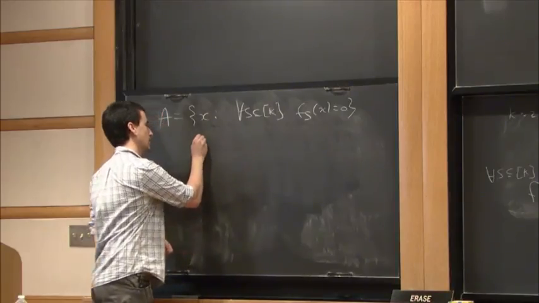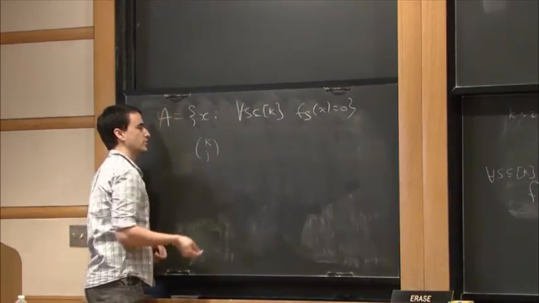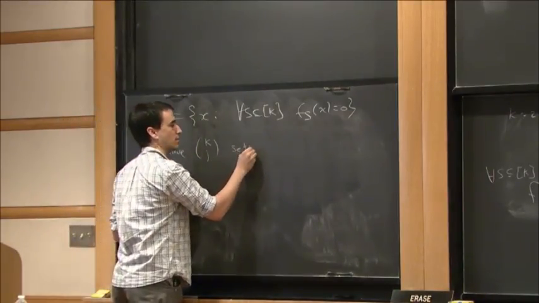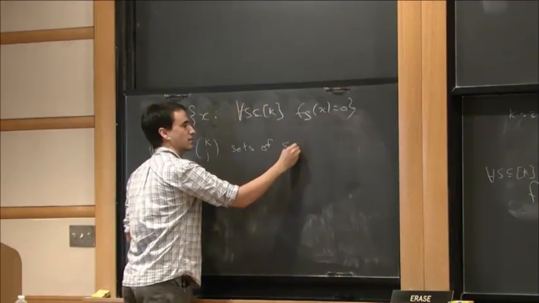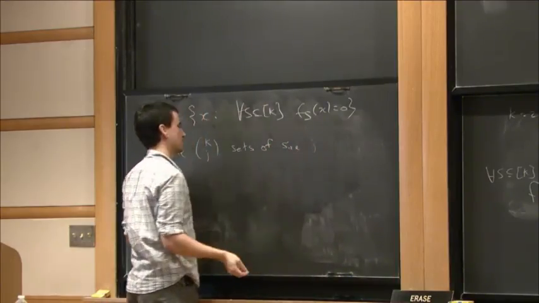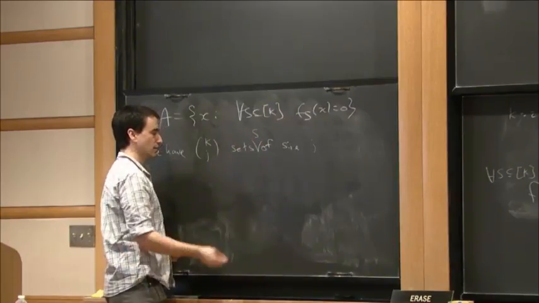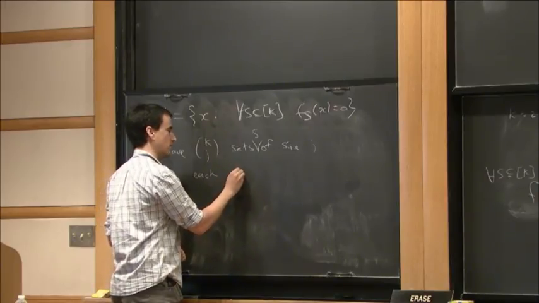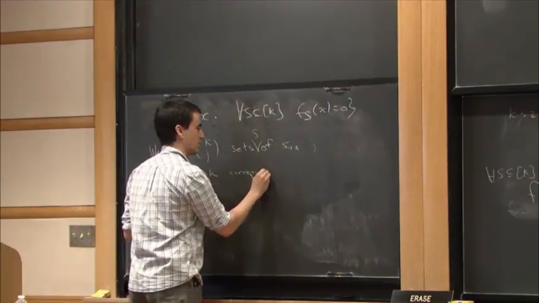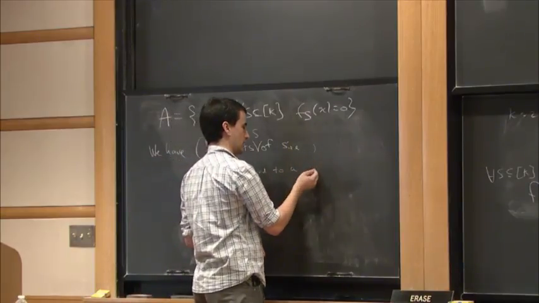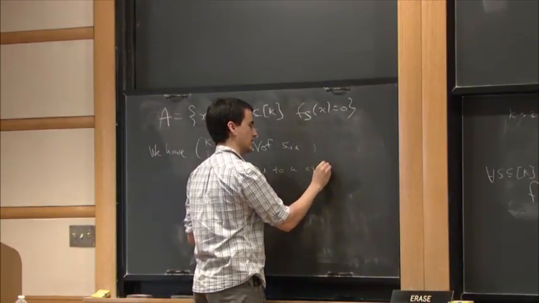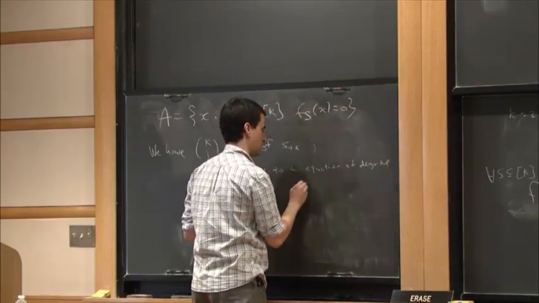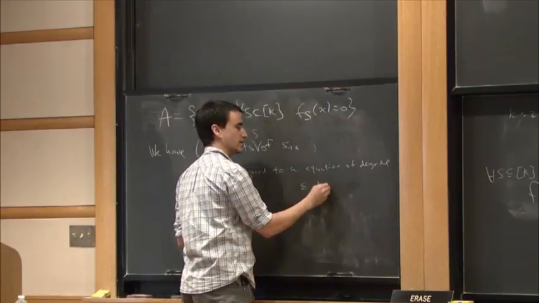We have k choose j sets S of size j, and each corresponds to an equation of degree at most d minus j.